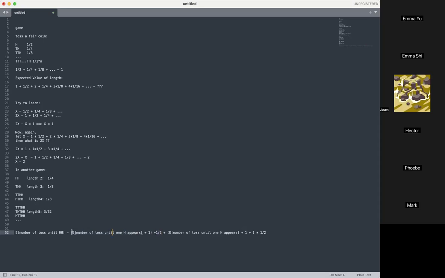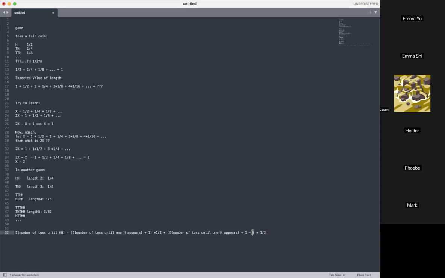So the total number of tosses is the number of tosses until one H appears +1, and this one means an H, right? But if we are unlucky, we first toss until one H appears, and then for the next toss, we get a T. This also has 1/2 probability, right? So we times 1/2 there.